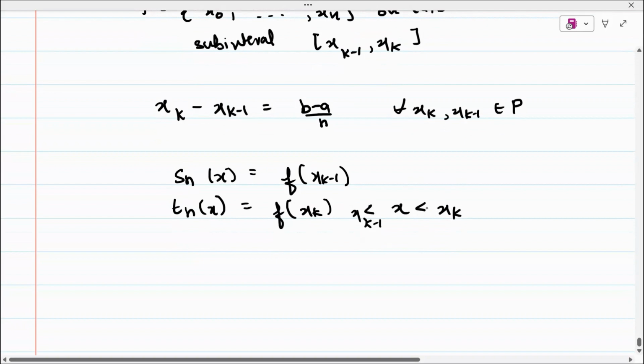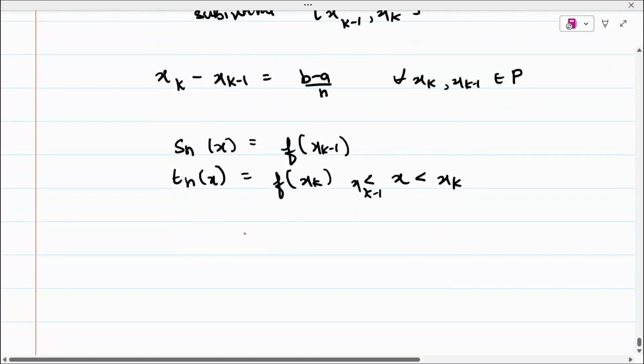This is the increasing function case, where s of x is f of xk minus 1 and t of x is f of xk for x in between.